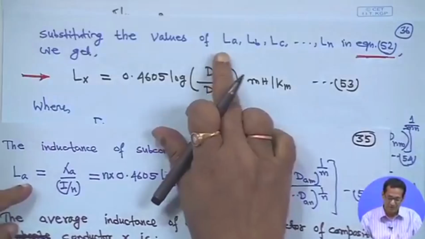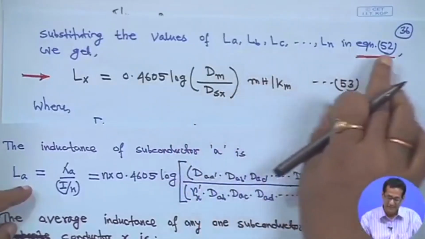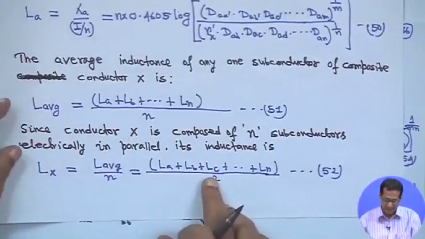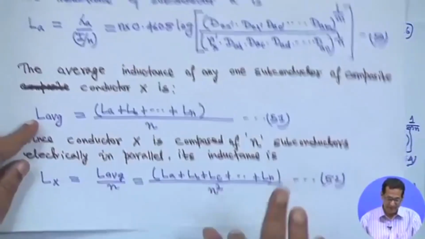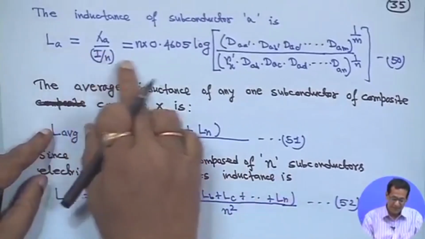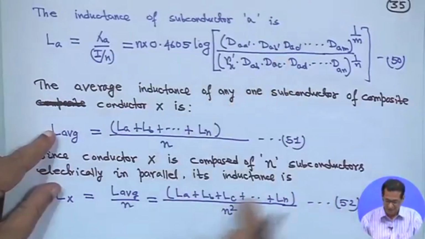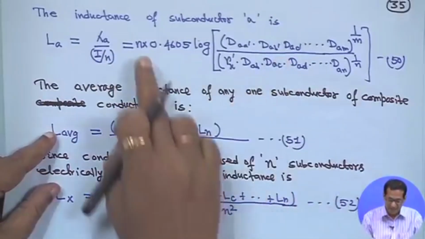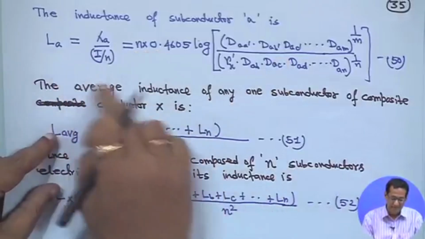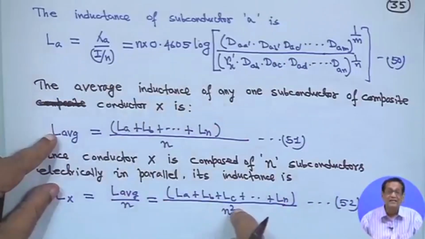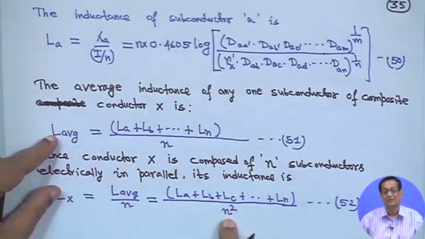If you substitute all the values, remember L_a, L_b, L_c will all be a function of n. So as soon as you substitute here, one n will be cancelled, and only n will remain, not n square, right.